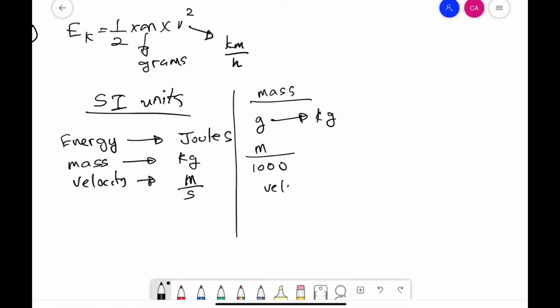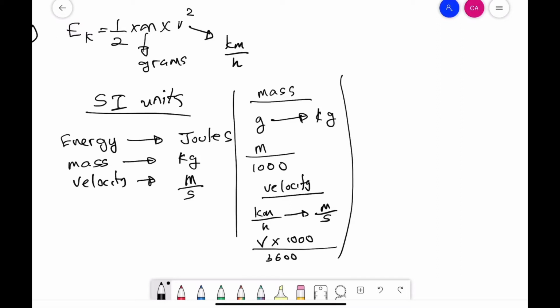And for the velocity, we need to convert kilometers per hour into meters per second. So how are we going to do this? For velocity, we need to multiply kilometers by 1000 to convert into meters, and to convert hours into seconds, we have to multiply by 3600.